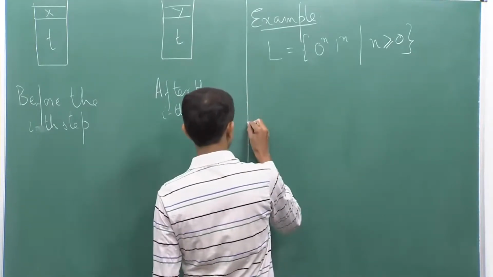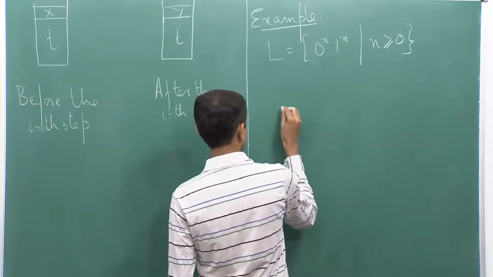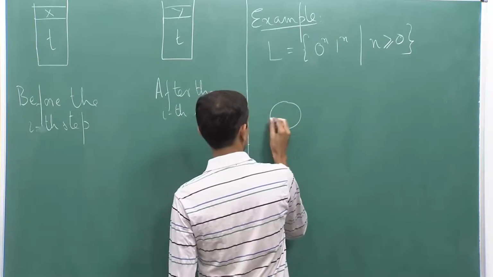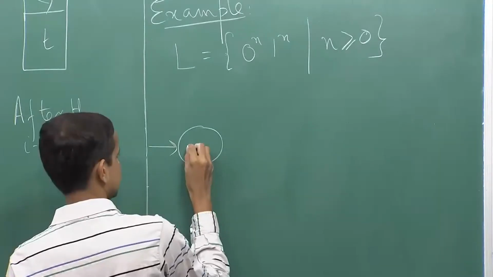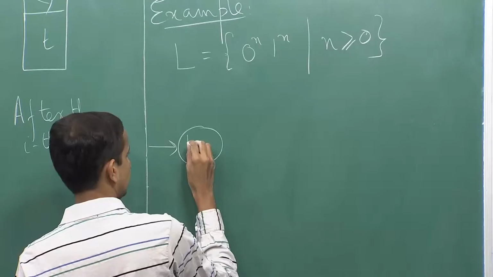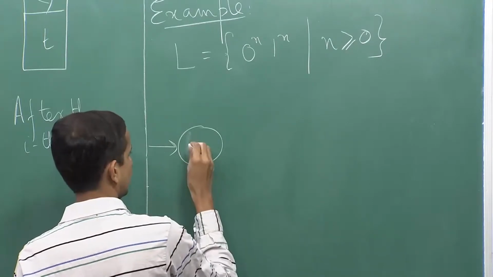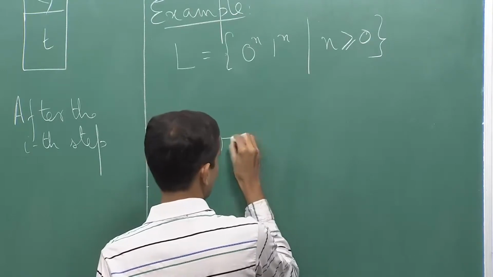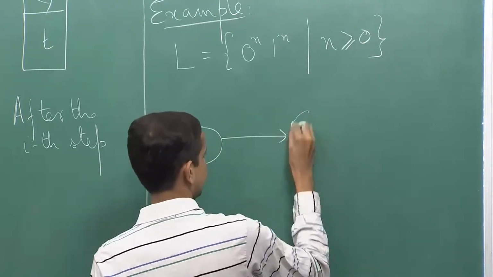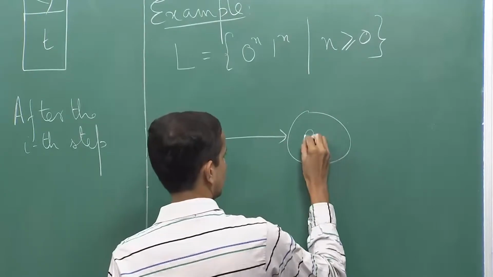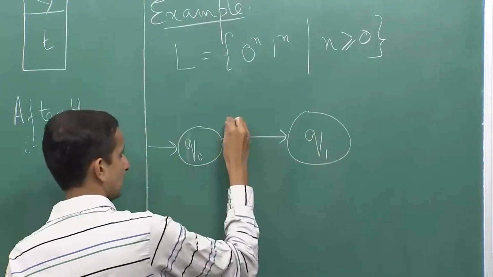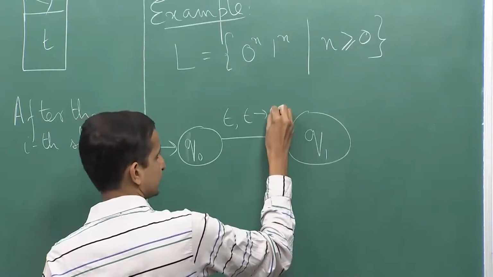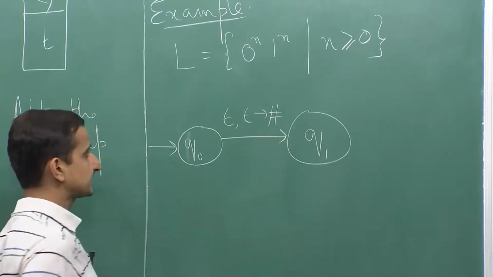Here we will construct the push down automaton. We have a start state, let us call it Q0. From Q0, I go to a state Q1 on reading epsilon, and I push a symbol hash onto the stack.